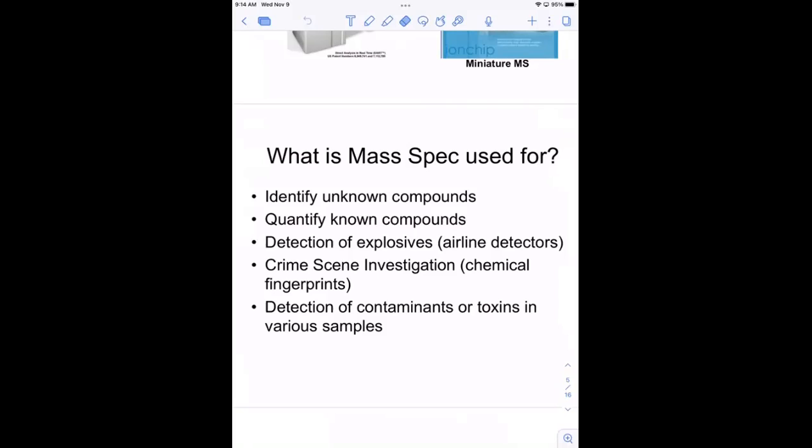Mass spec can tell you if a particular drug is in the system; that drug has a known structure and a known molecular weight. So you can use it for crime scene investigation, explosives detection.